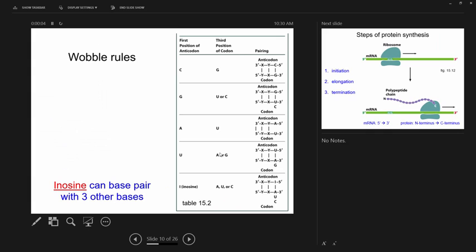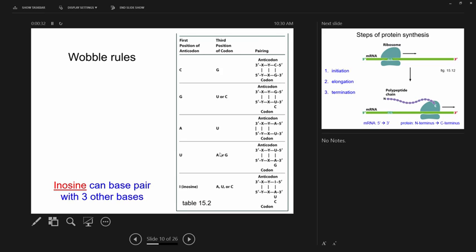That gives that particular transfer RNA great flexibility. So inosine is a modified guanine or G residue. So it can't bind with guanine. But if you have an inosine at the 5' end of the anticodon, it can interact with anything at the 3' base of the codon except for a G. And that gives it a really good flexibility.